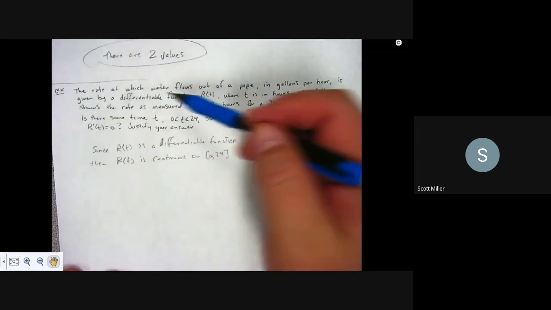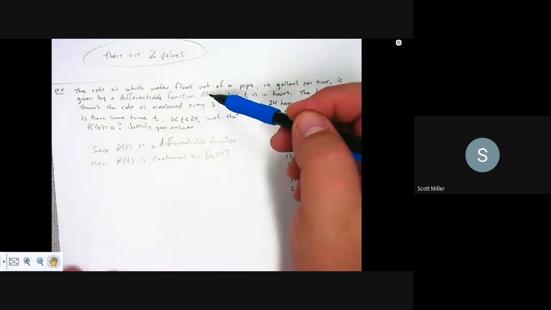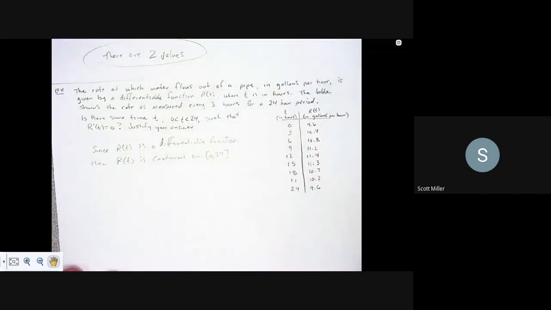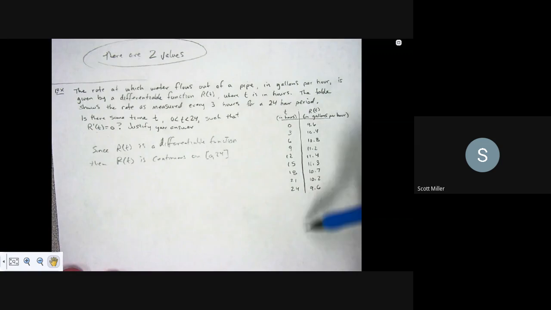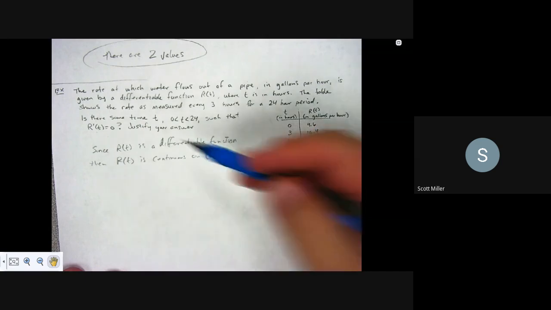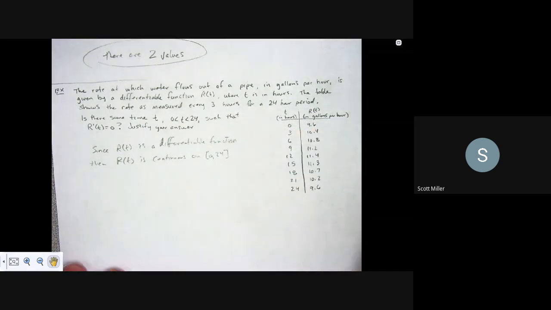Because R is a differentiable function. Does the water go in the pipe beyond this time frame? Yes. So since it's differentiable beyond the scope of this little window we're looking at, then the function is continuous in those same locations. So it definitely is continuous on this closed interval, from here to here. That's how I can make my justification here, so you know.